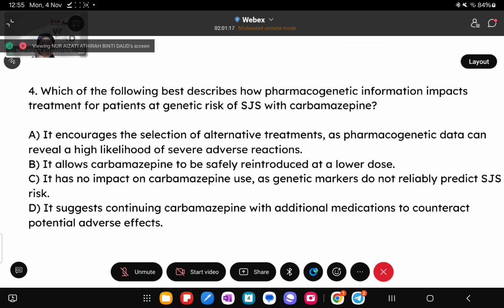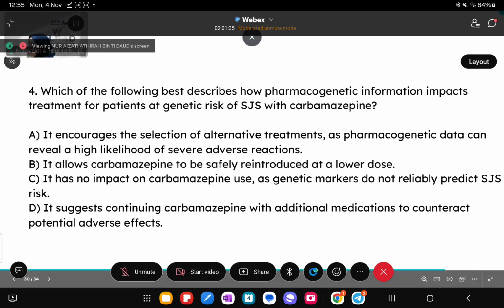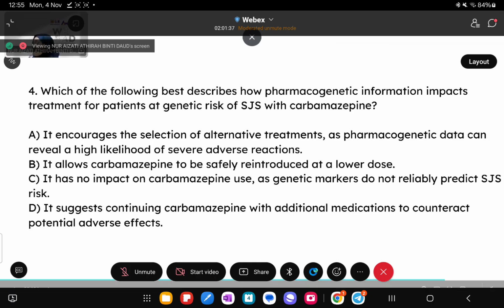very quickly, number 4. Which of the following best describes how pharmacogenetics impacts treatment? Okay, Arif has answered already, quick. Okay, it encourages the selection of alternative treatment as pharmacogenetic data can reveal a high likelihood of severe adverse reaction.